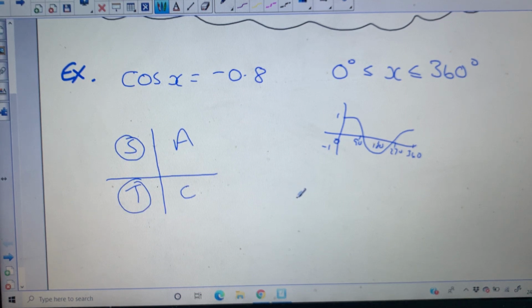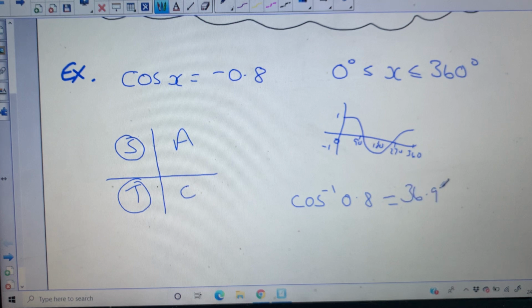You then get your calculator and you find your acute solution. You've dealt with its negativity, so you can now just ignore the sign. You're taking that absolute value. All you do on your calculators is inverse cos 0.8, shift cos 0.8, and your acute solution is 36.9.